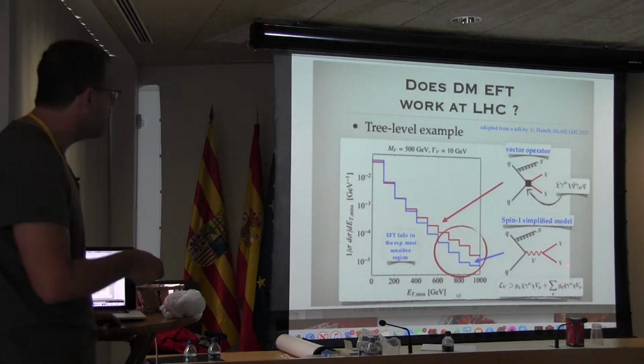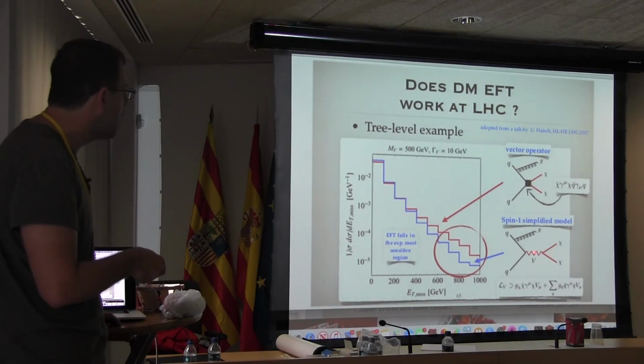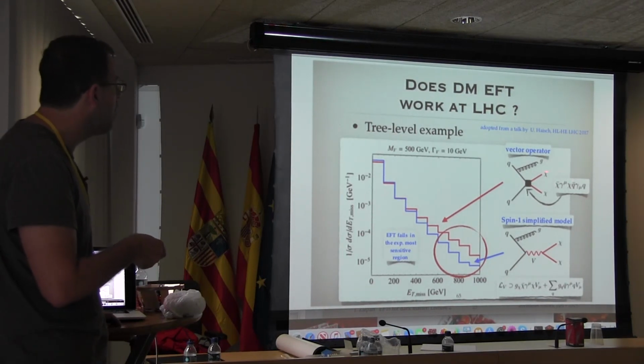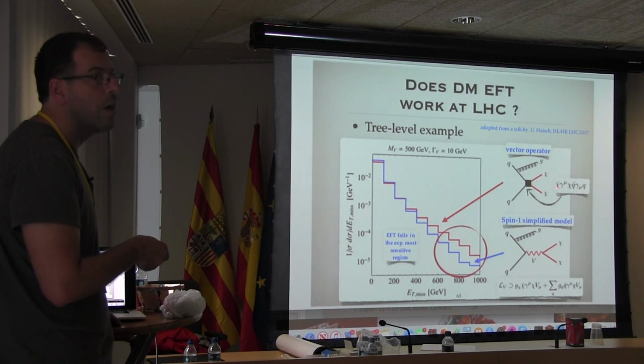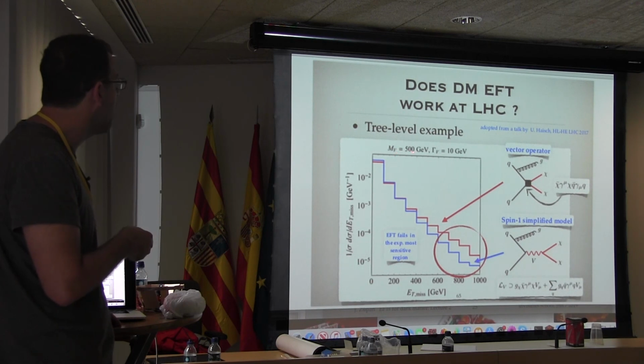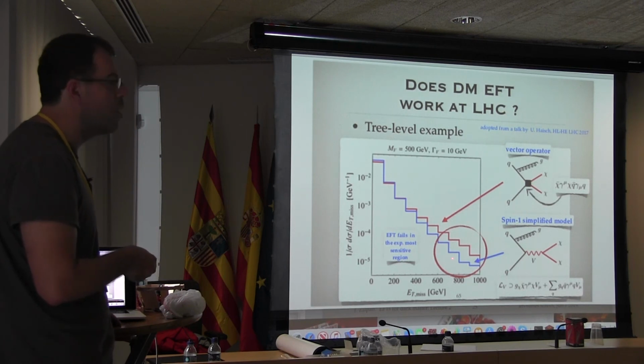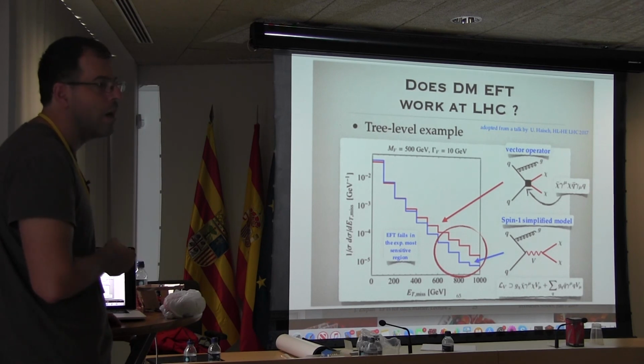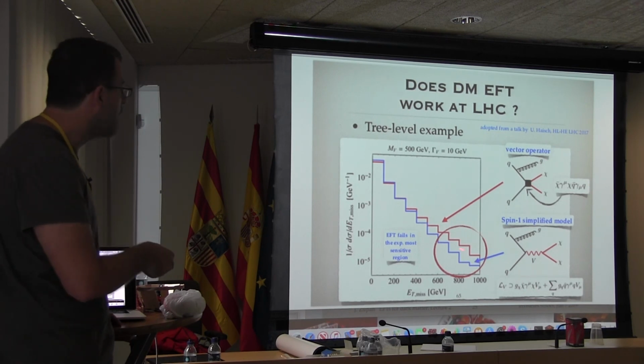So let's say that we take exactly this model with a vector mediator, and you match it onto the effective operator, and you do the prediction for a vector mass of 500 GeV, and you see that really exactly in the region where you're sensitive to the signal is where the two lines diverge.